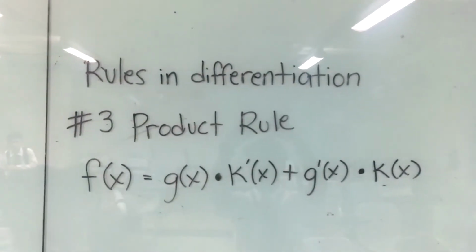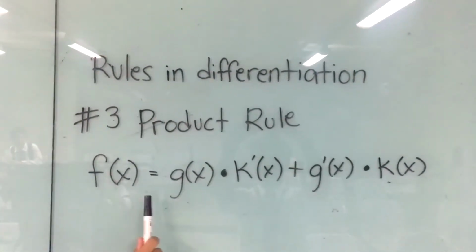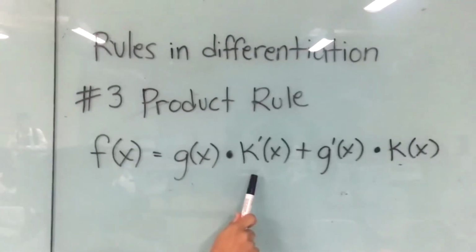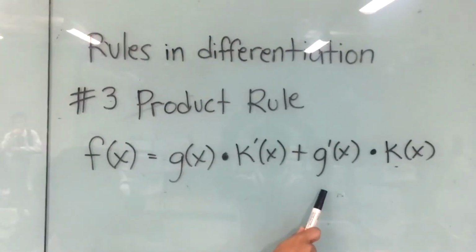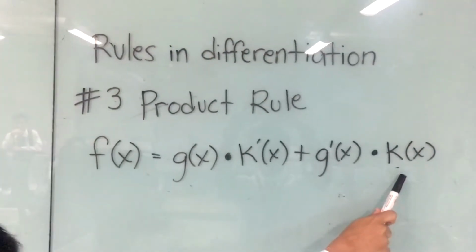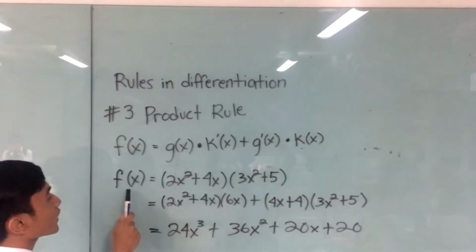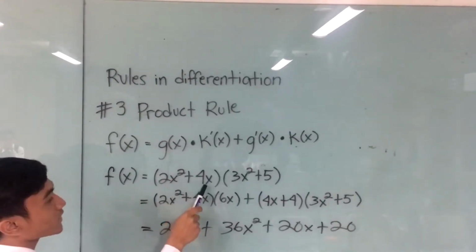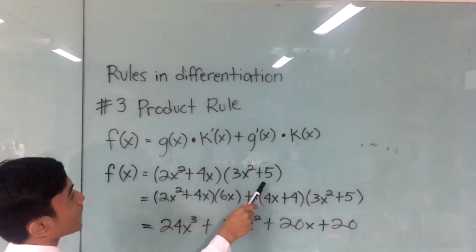Product rule. The derivative of f of x is equal to g of x times the derivative of k of x plus the derivative of g of x times k of x. For example, f of x is equal to 2x squared plus 4x times 3x squared plus 5.